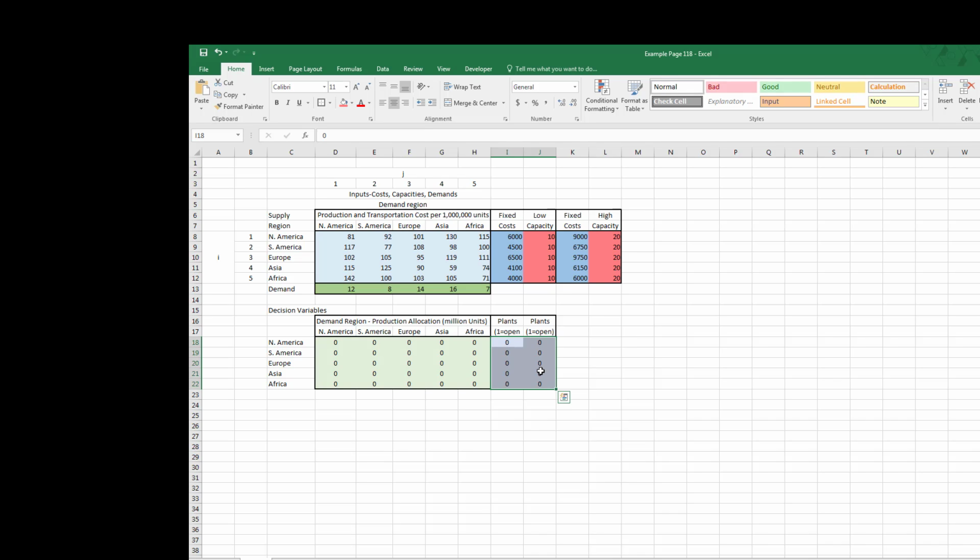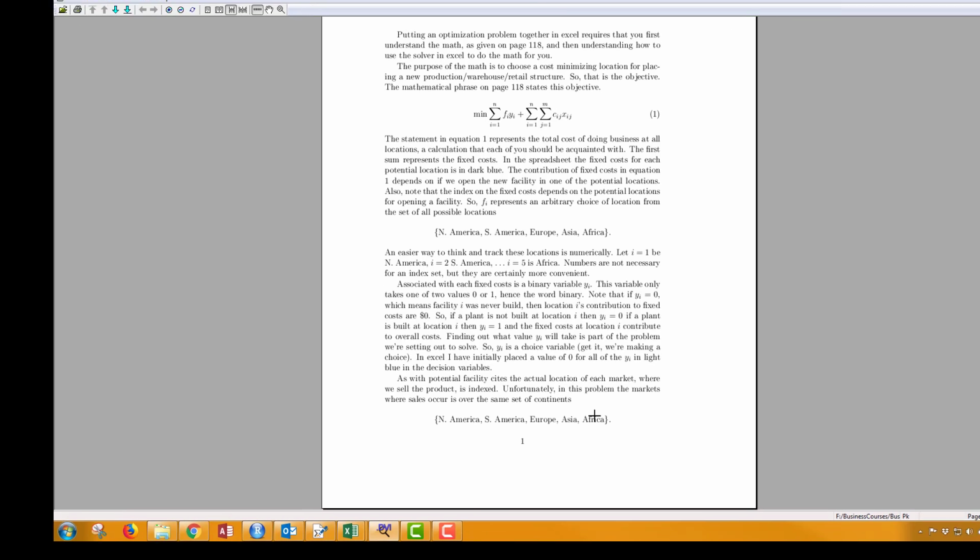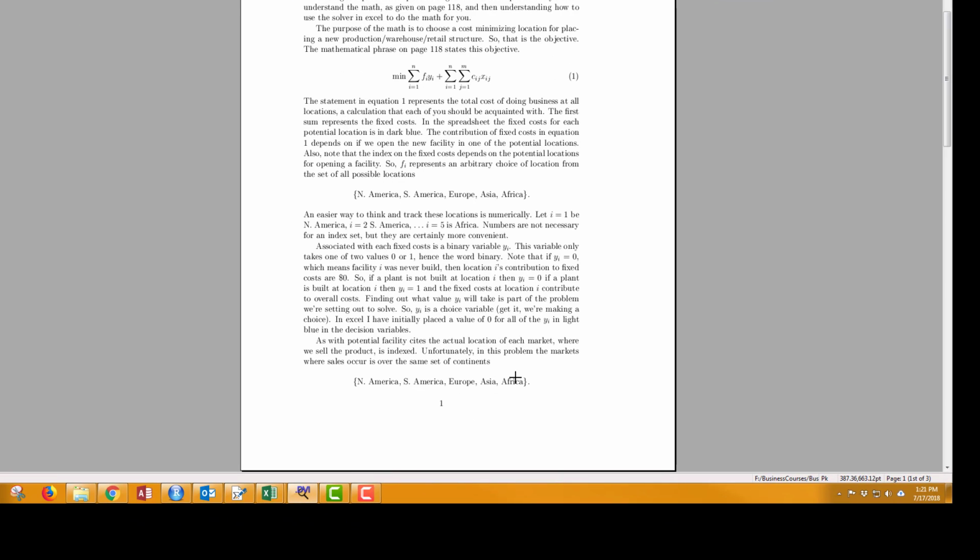As with potential facility sites, the actual location of each market where we sell our product is indexed. Unfortunately, in this problem, the markets where sales occur are over the same set of continents: North America, South America, Europe, Asia, and Africa.